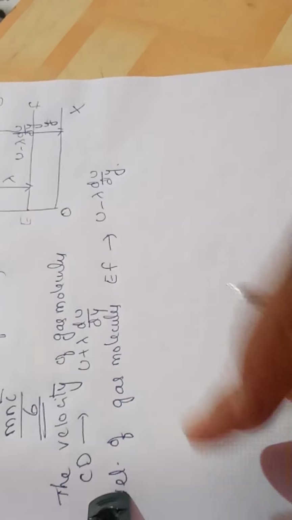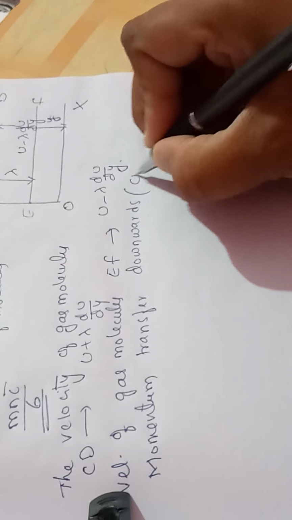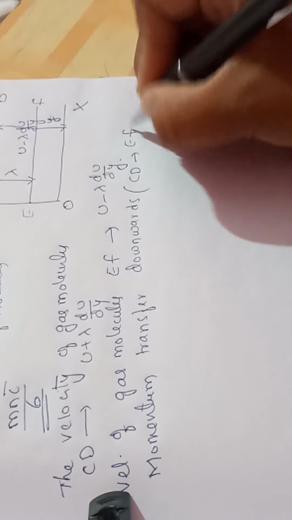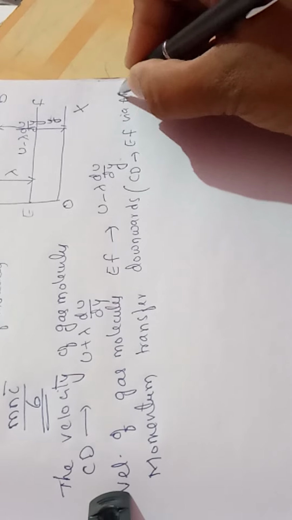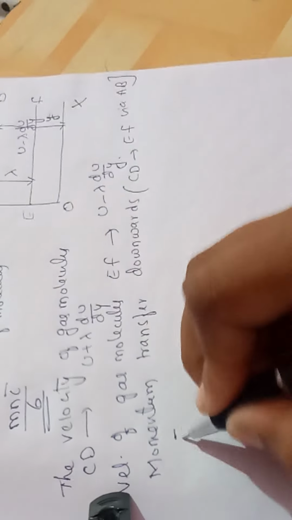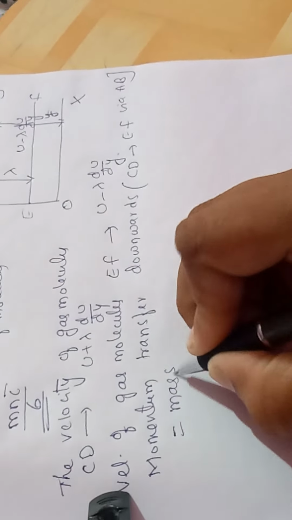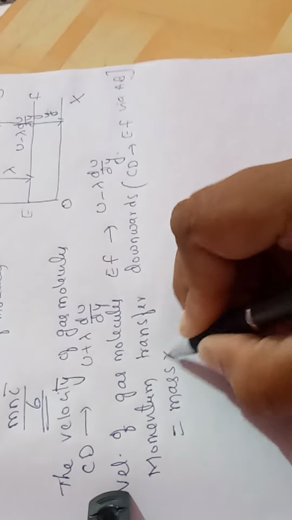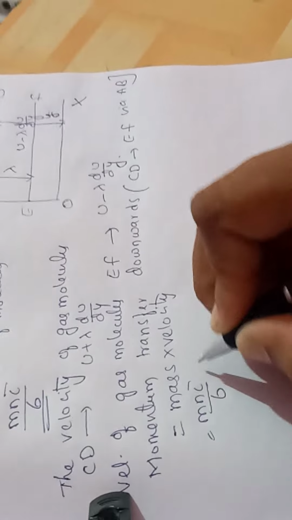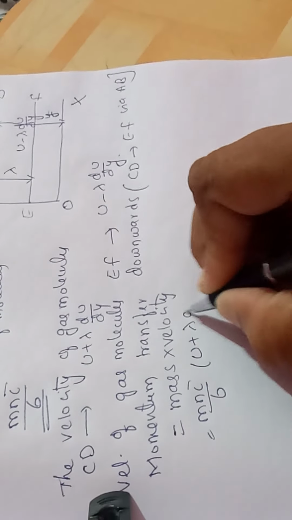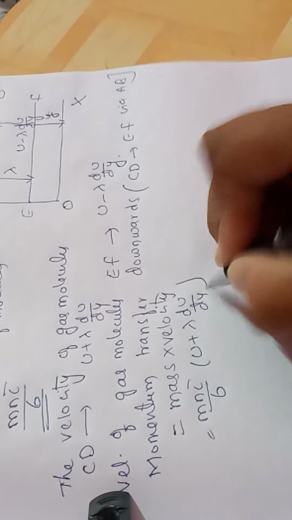Now momentum transfer in the downward direction. Downwards means CD to EF via AB, or along AB. Momentum means mass into velocity. Mass is mn c bar by 6 and velocity is u plus lambda du by dy.